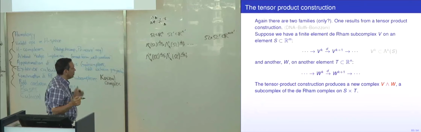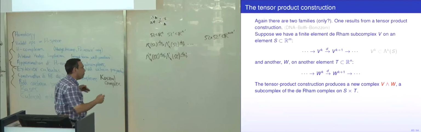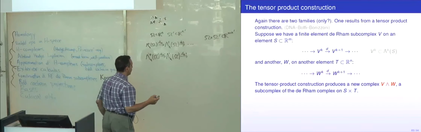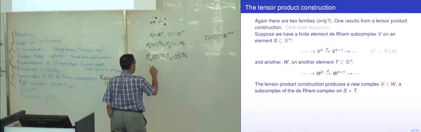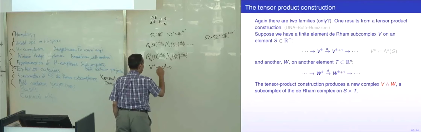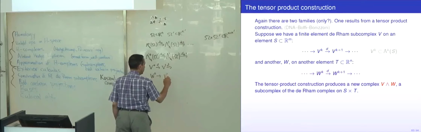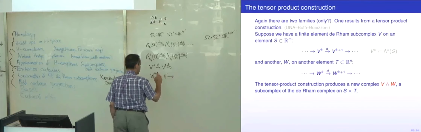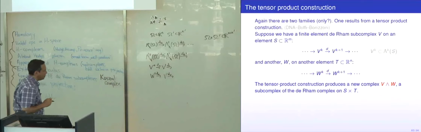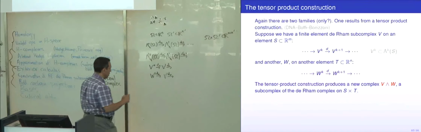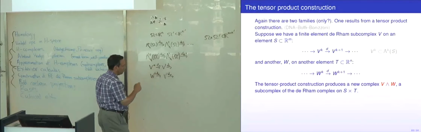So actually it turns out that there's a well understood way to take the tensor product of two complexes. Forget about whether they're differential forms or anything. Suppose we have a complex, V0, V1, etc. And we have another one, W0, W1, etc., with its own d_W and d_V. How would I take the tensor product of these and get some other complex with some other differential built out of these two?